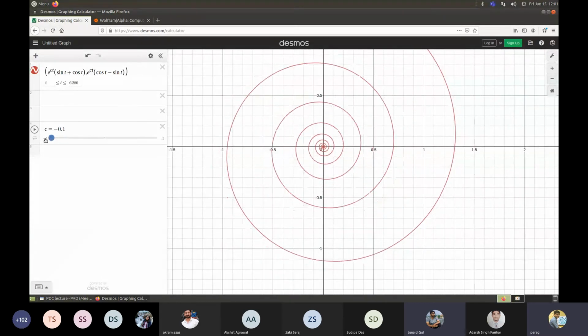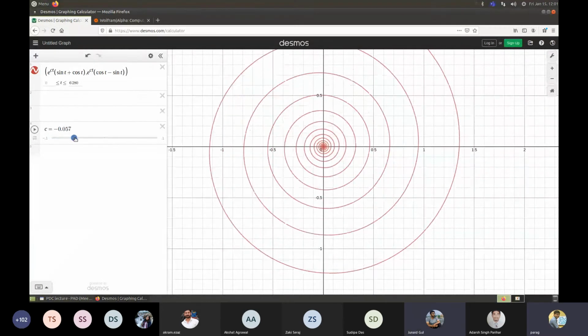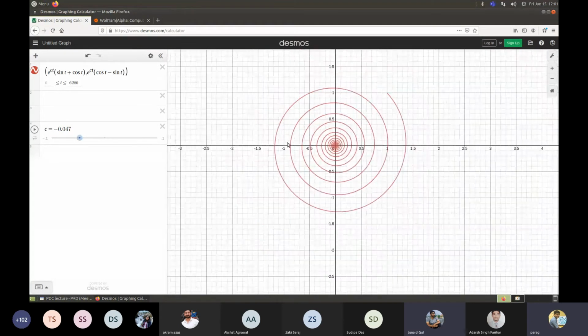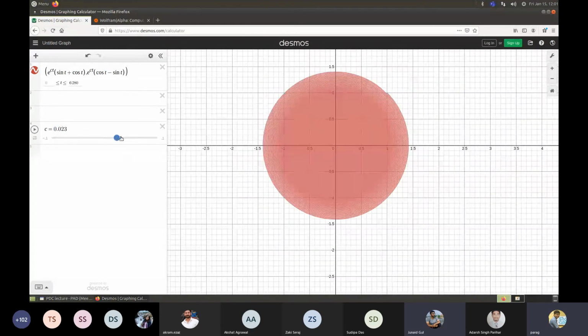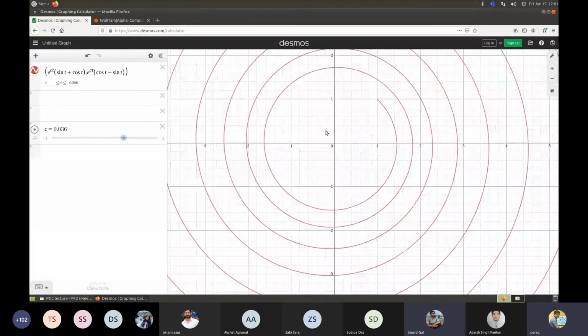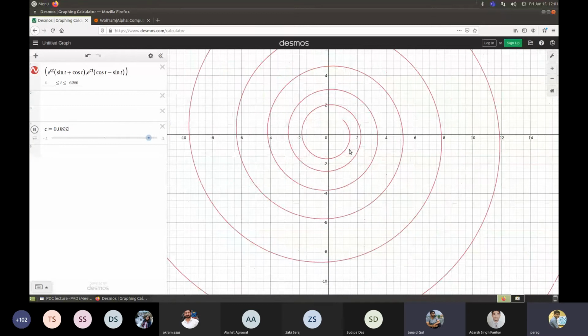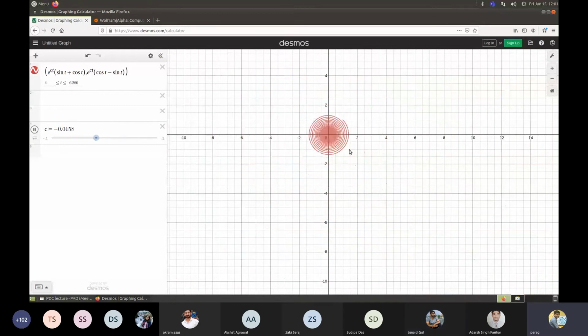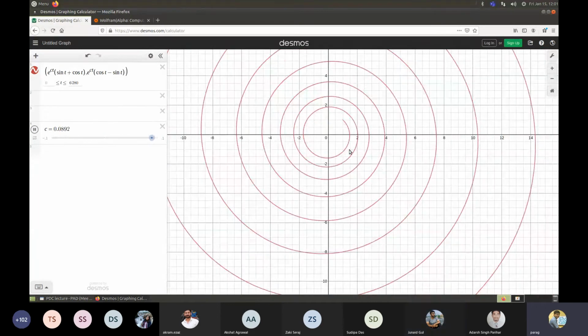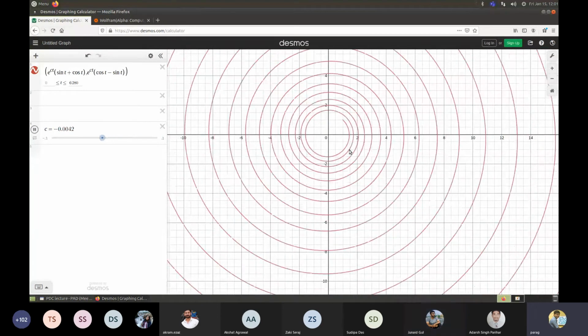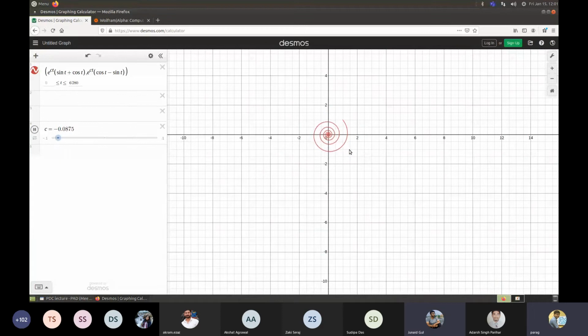And conversely, when C is greater than 0, you are moving away. Let me animate it for a couple of seconds so that you can appreciate what's going on. When C is less than 0, you are converging to 0. When C is greater than 0, you are blowing away from 0.